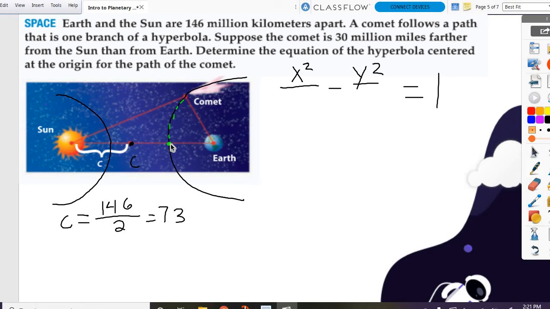So, like I said, bear with me for a second. We're going to pretend that this value right here is x: the distance from the comet to the Earth is x. Then the distance from my comet to my Sun would have to be x plus 30.